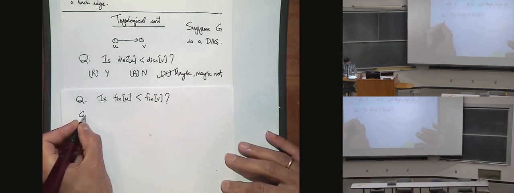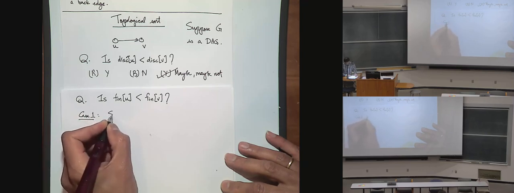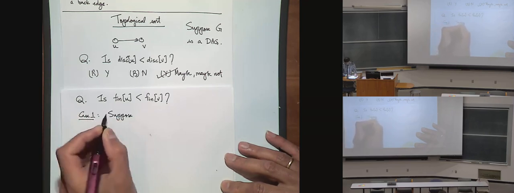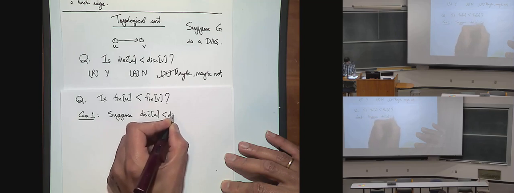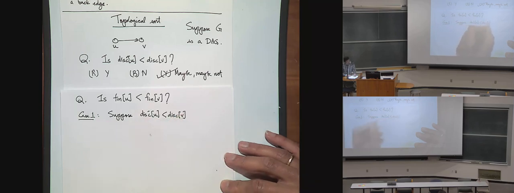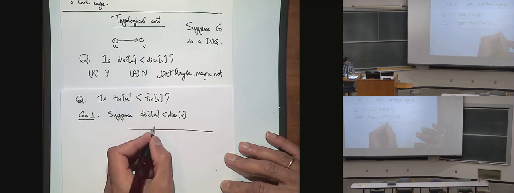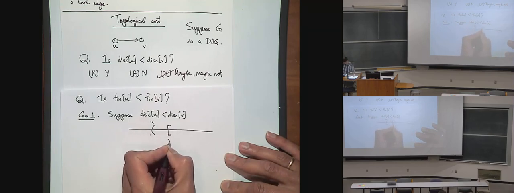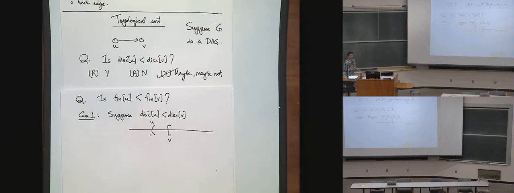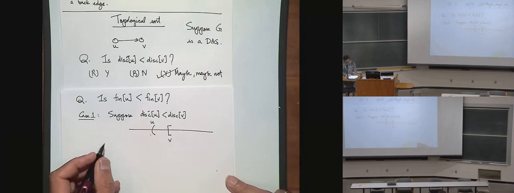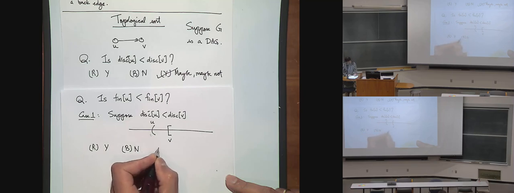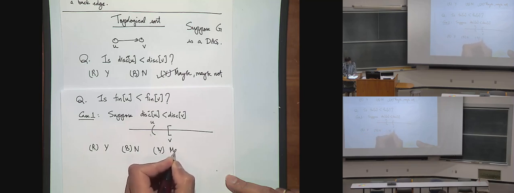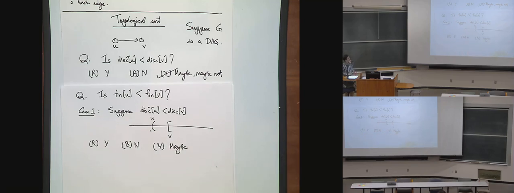Case one: suppose the discovery of U was less than the discovery of V. So suppose we're in the situation that this is U and this is V. Suppose this is what happened. Yes, no, maybe. What's going to happen?